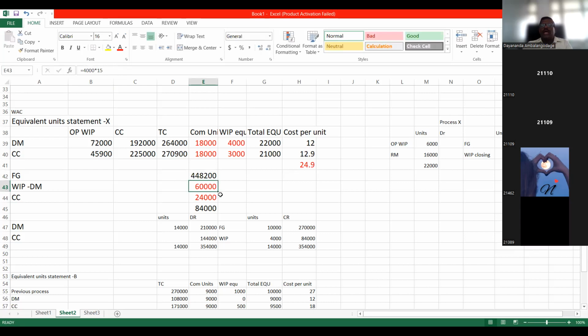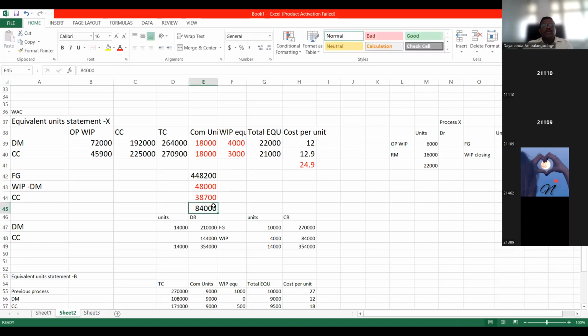And also you can value the WIP with regard to the direct material, of course, 4,000 at 12 rupees, right? And also the conversion cost perspective, not 2,000, it is 3,000, at 12.9.